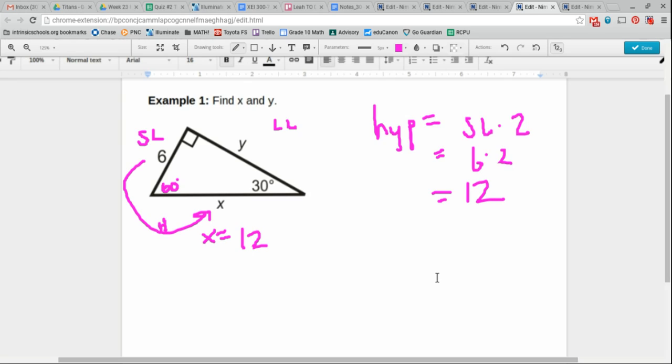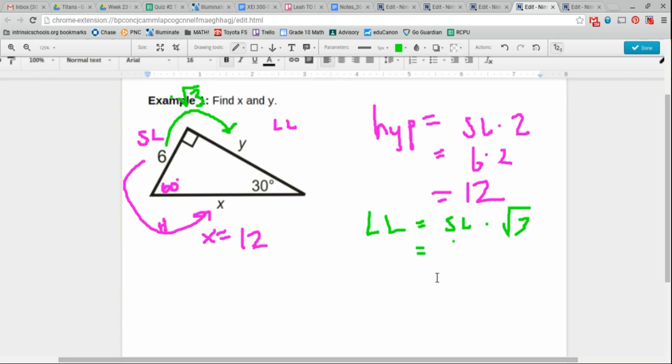Okay, now to solve for the long leg, which is Y, I have to go back to the short leg, and the short leg multiplied by rad 3 will give me what I'm looking for. So in formula layout style here, the long leg is going to be equal to the short leg times rad 3.